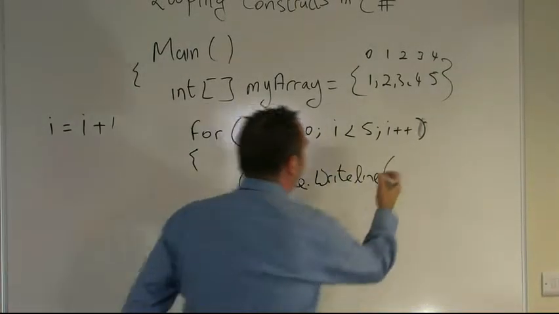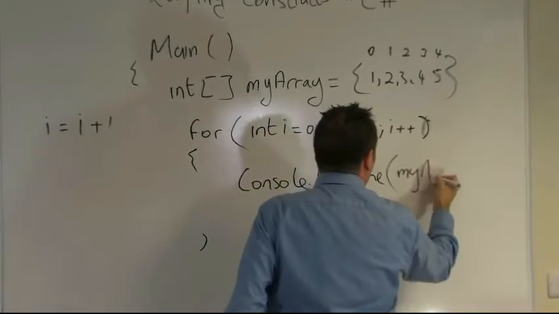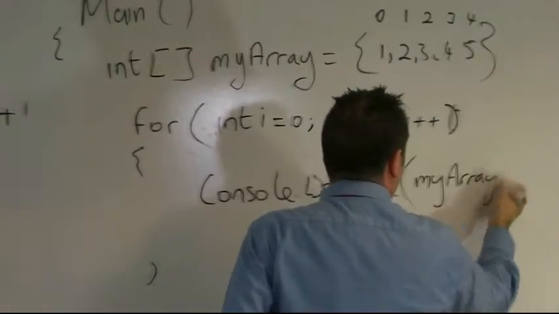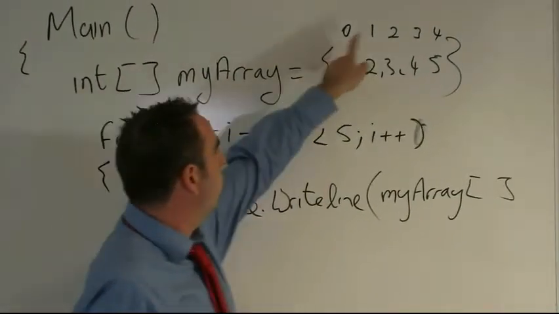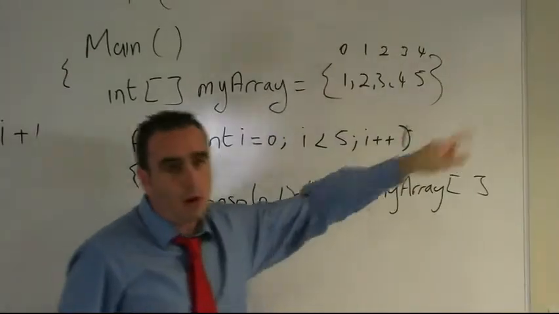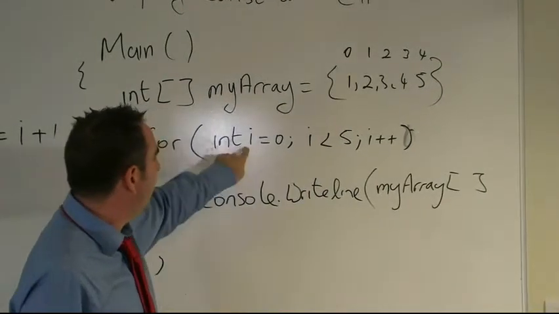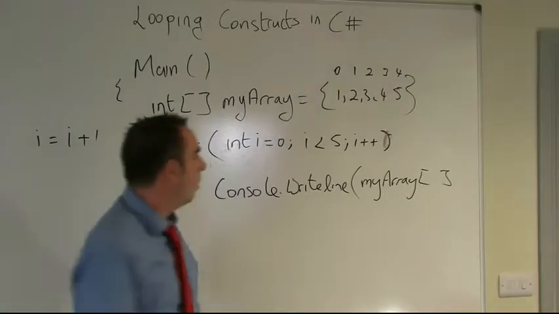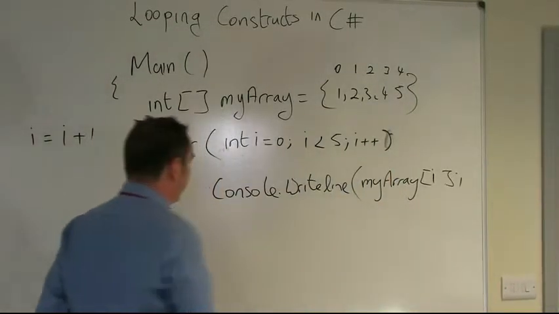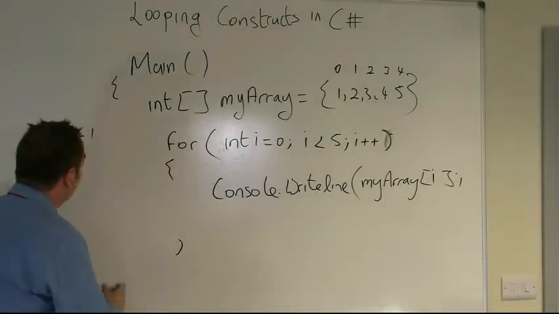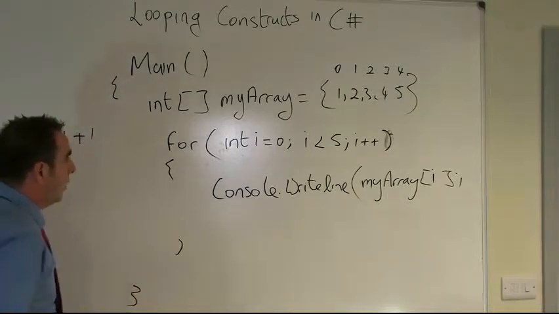So we start off with the array name, which is myArray, and within our square brackets we're not going to put 0, 1, 2, 3 or 4. We're going to put, what are we going to put? We're using i, aren't we, to iterate through our array. Okay, so that's going to print our array for us, and then we can close off our main down here.